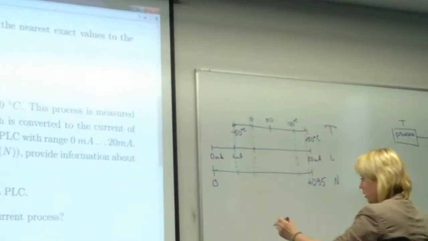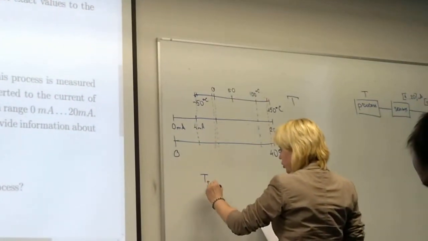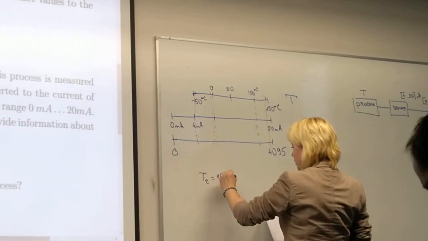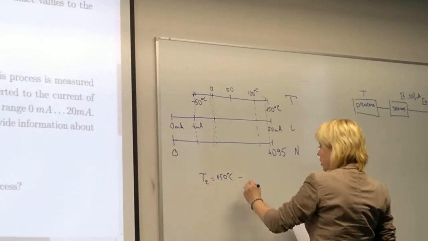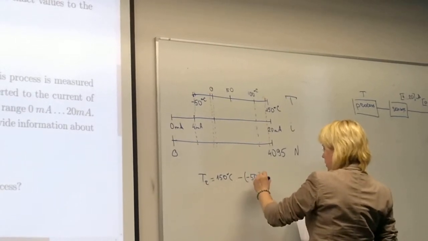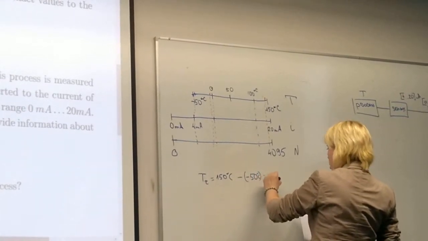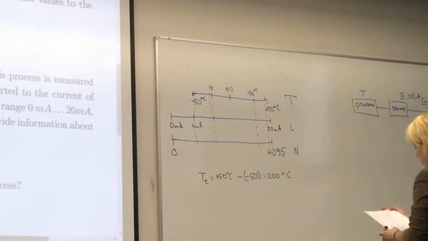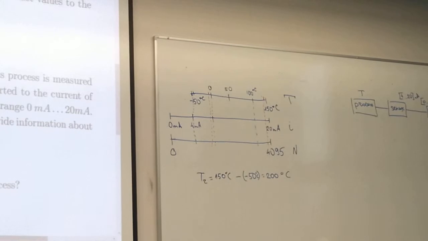When we talk about the temperature range, our range will be 150 degrees Celsius minus minus 50, so our range is 200 degrees Celsius. This is the first thing we have here.